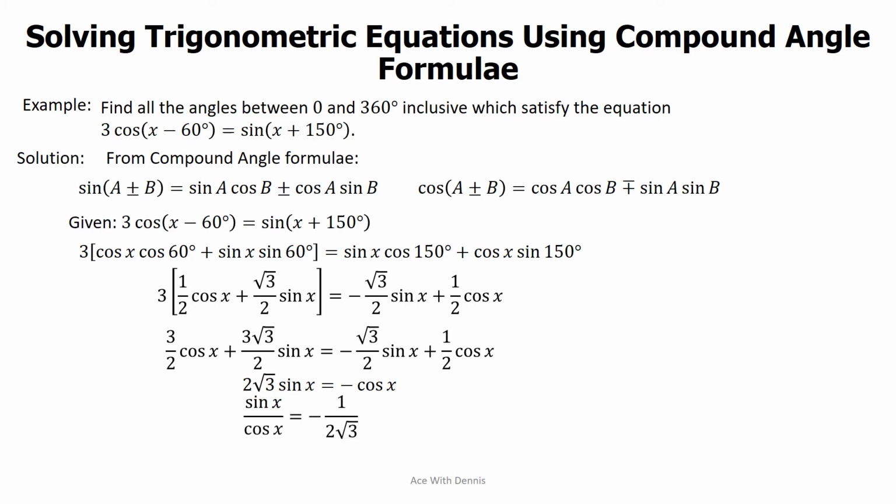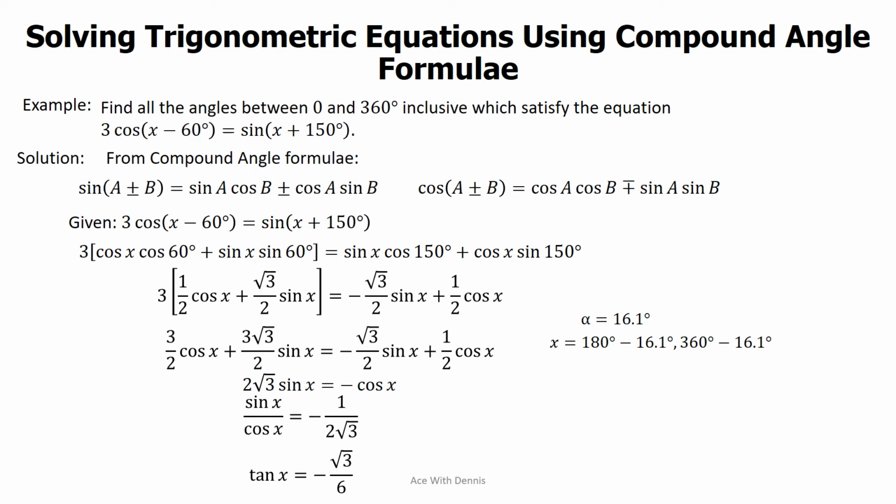Next, we bring all the trigo function at left hand side and the constants at right hand side. We get sine x over cosine x equals negative 1/2 root 3, which means tangent x equals negative root 3/6. Right? Then from here, we can solve the equation. The base angle is 16.1 degrees.